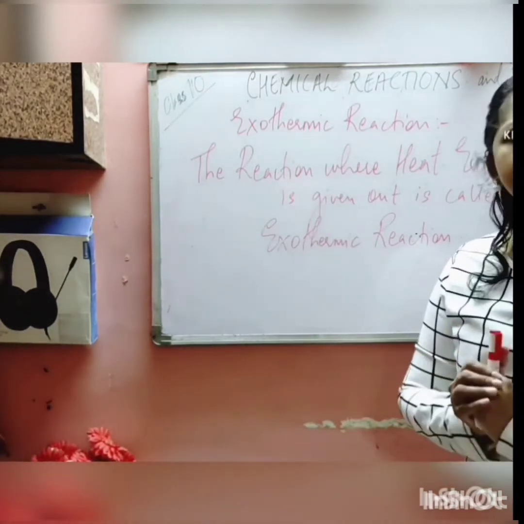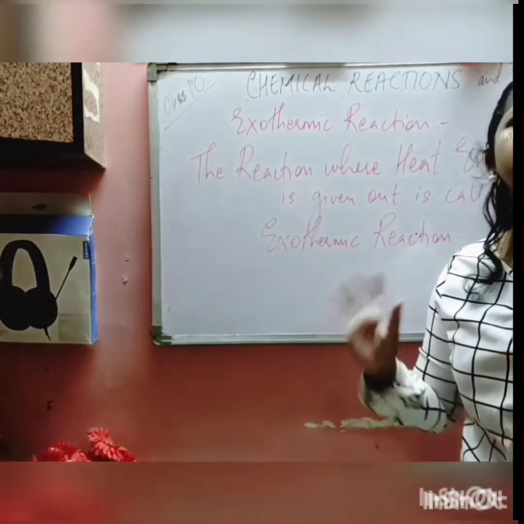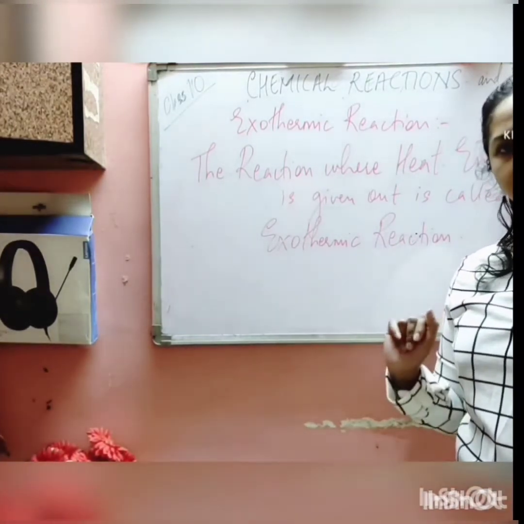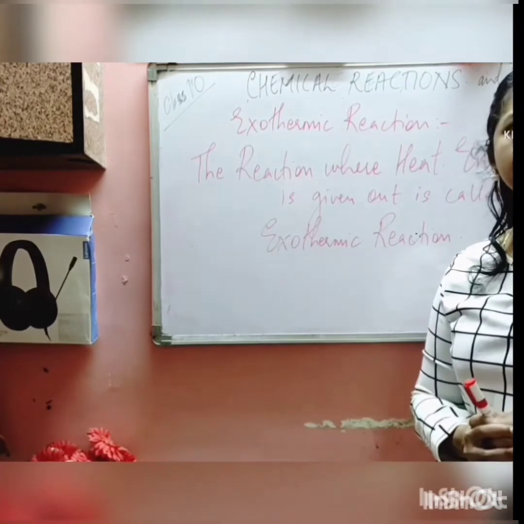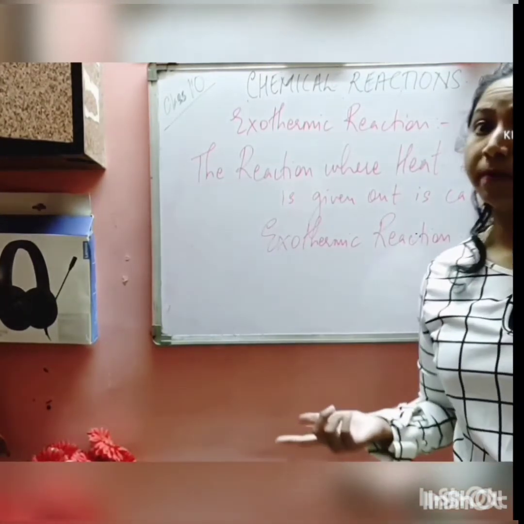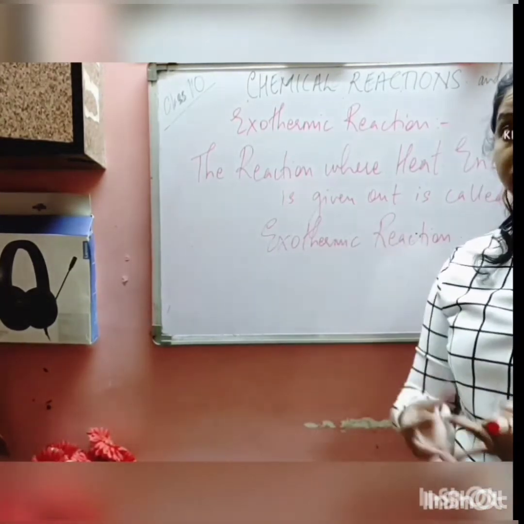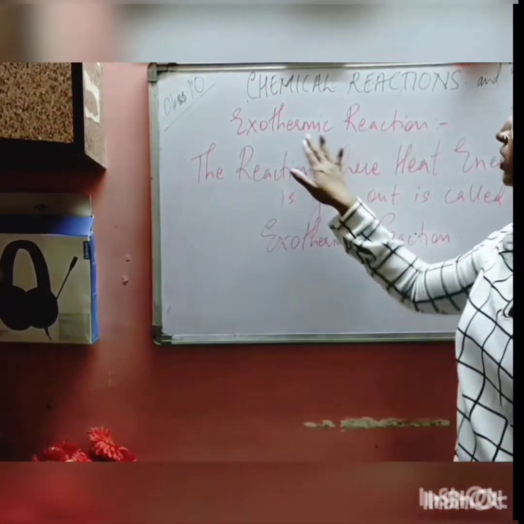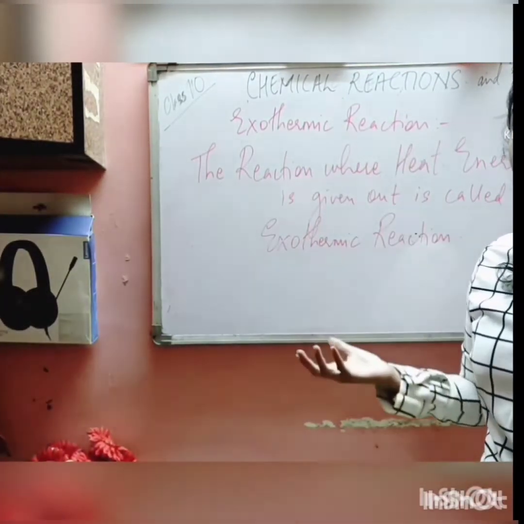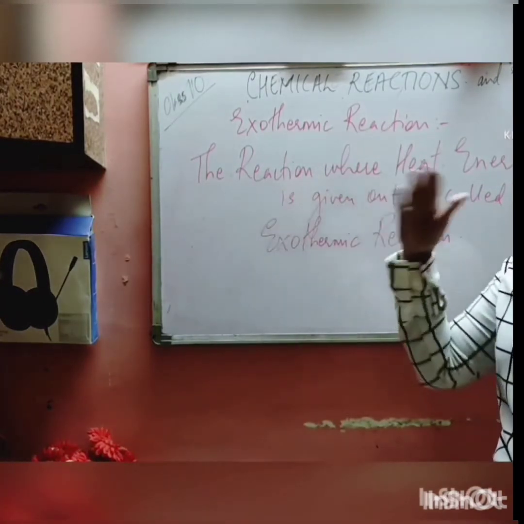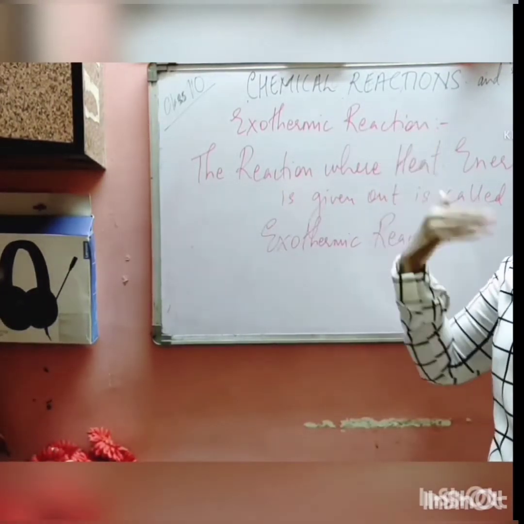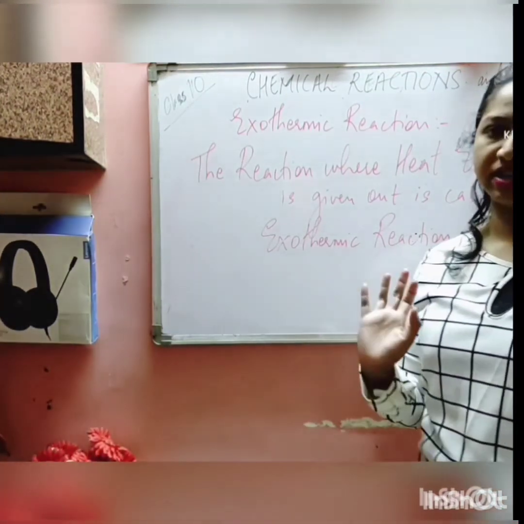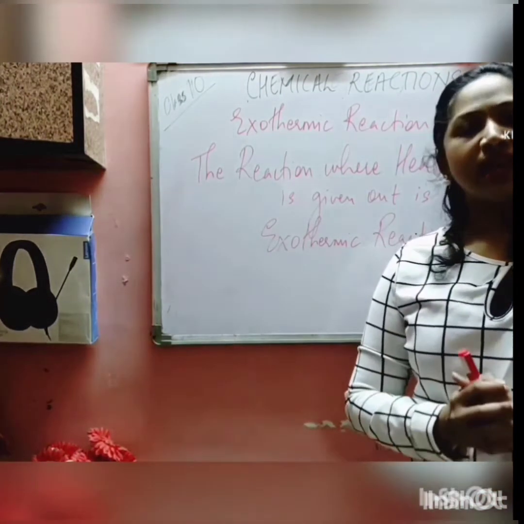So most combination reactions are exothermic reactions. What we have seen today is what a combination reaction is, those examples, and one new term, exothermic reaction. What is that? The reaction where heat energy is given out.